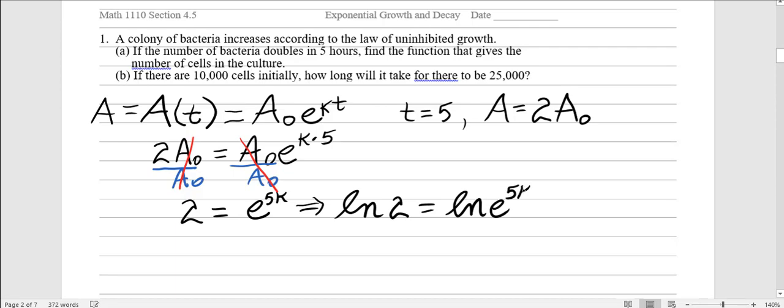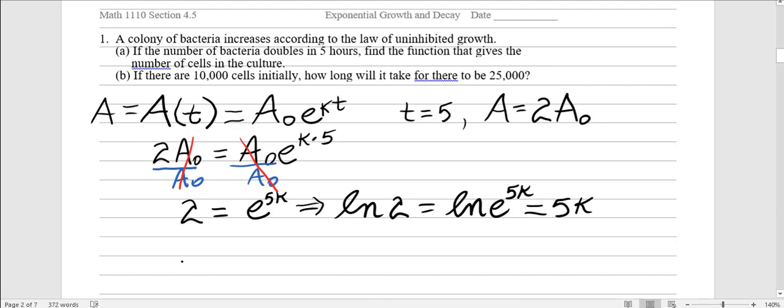So the natural log of e to the 5k is the exponent I have to apply to e. Remember, natural log has an unwritten base of e. So this is the exponent I have to apply to e to get e to the 5k. And so that result is simply 5k.